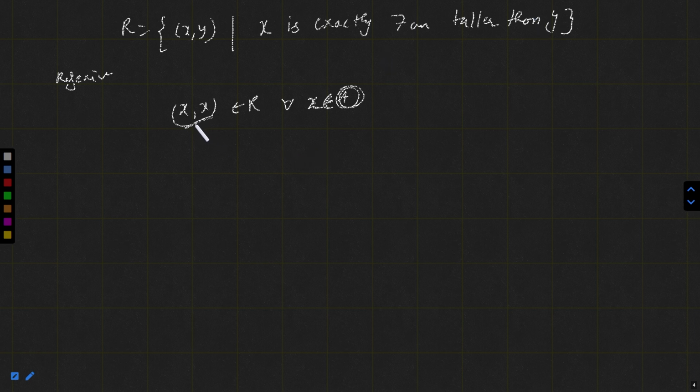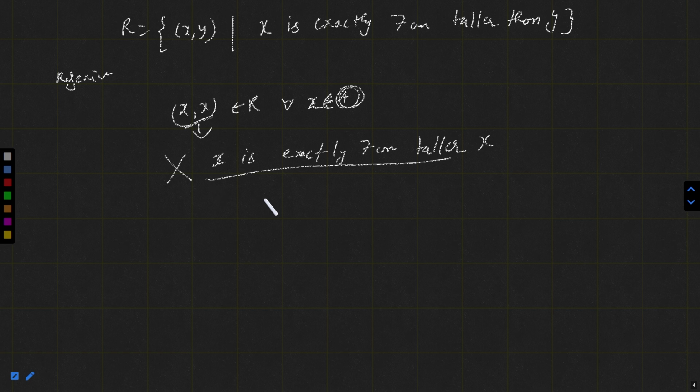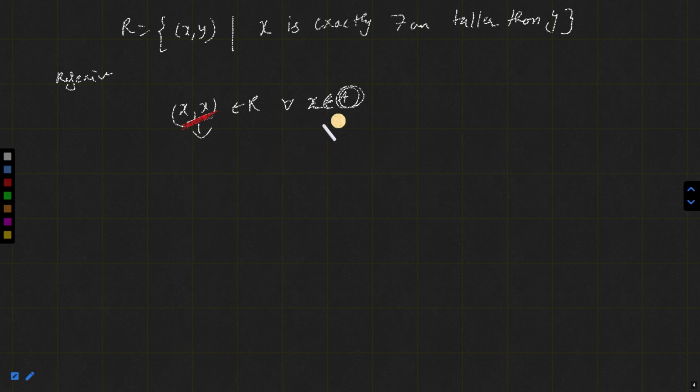If (x, x) belongs to R, this means x is exactly 7 centimeters taller than x. Is this going to happen? No. Why? Because x and x are the same, we are talking about the same person, and the same person has the same height, not taller. I hope the reasoning is clear to you. So this is not reflexive.